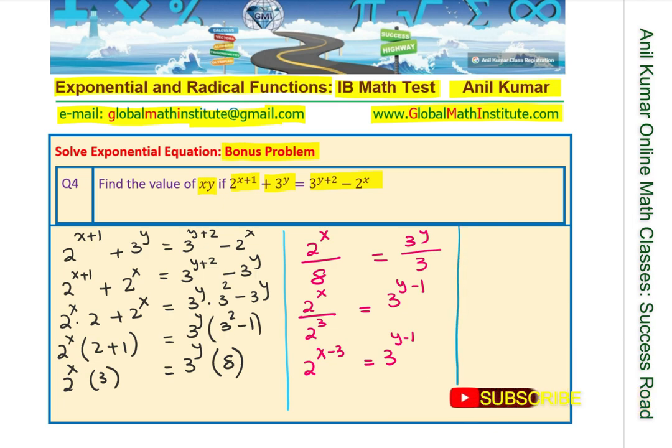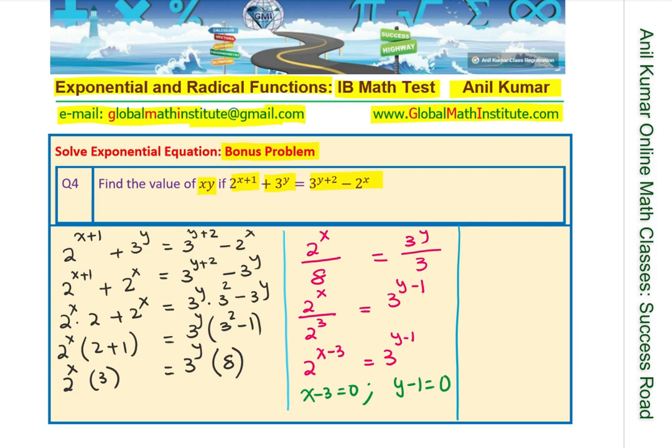So we are in a position to write both sides with different bases. Now the only way this equation is equal is when their exponents are 0, right? So to make it true, there is definitely one solution where x minus 3 equals 0 and y minus 1 is also equal to 0.